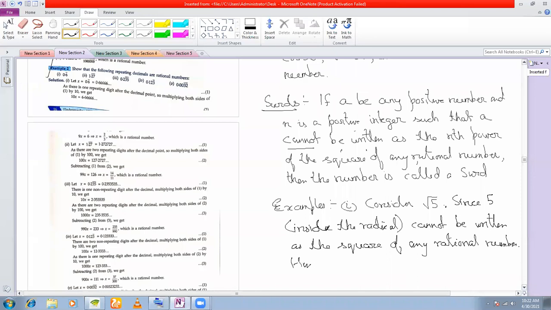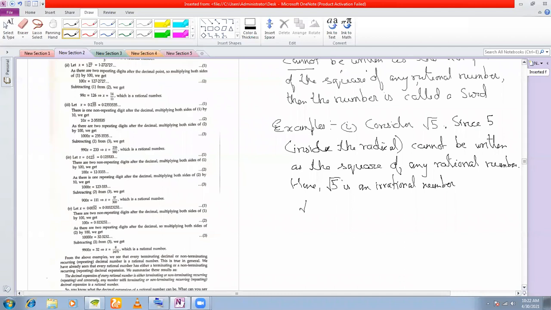Hence, root 5 is an irrational number. What is the value of root 5? If you check in your calculator, the value of root 5 will come to 2.236067977, and this will continue.